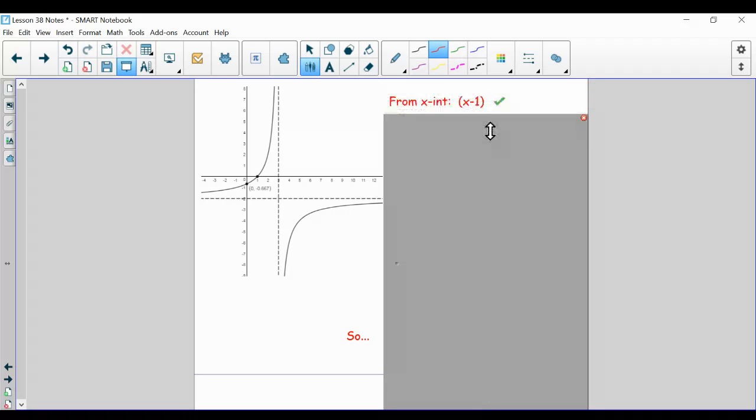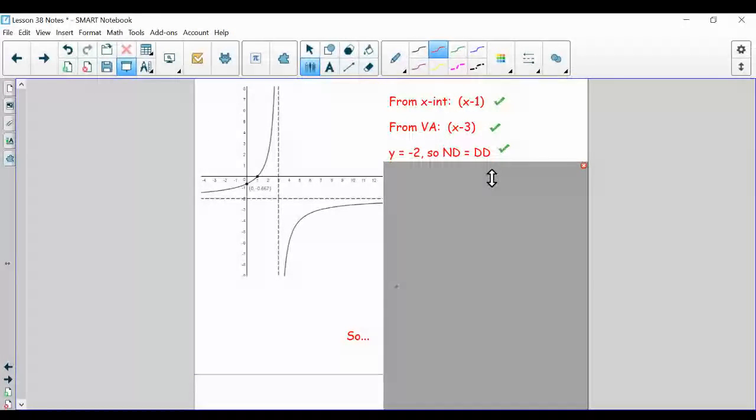So x-intercept at 1, so our factor would be x minus 1. Vertical asymptote is at 3, so we'd have x minus 3. Since we have y equal to -2, so we have y equal to a number, that means the numerator degree and the denominator degree are going to need to equal each other. So I'm putting these check marks here at the end because when I'm finished, I would actually go and make sure that I got all those parts.